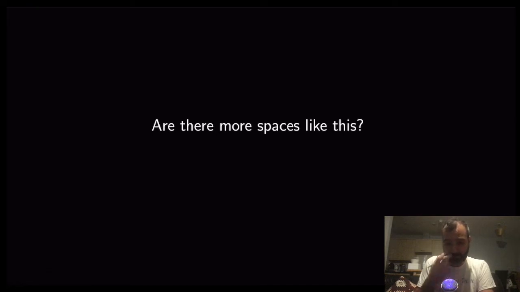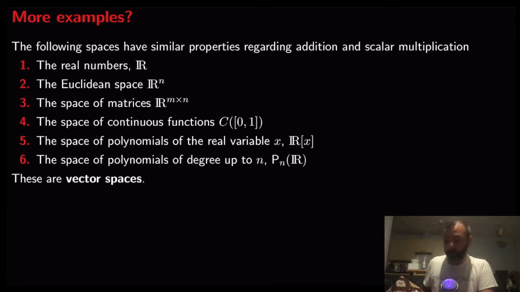And let's take it a step further. Are there any more spaces like this? There are. The set of real numbers is an example. The Euclidean space Rn, the set of vectors. But also, the set of matrices is like this. Yes, we can treat matrices as if they were vectors. In what sense? We can add them and we can multiply them by numbers.